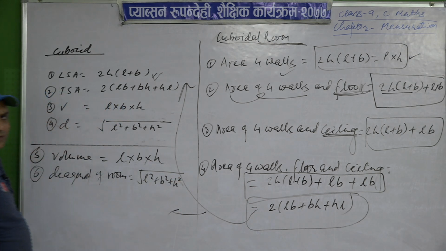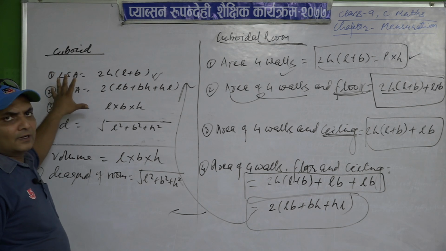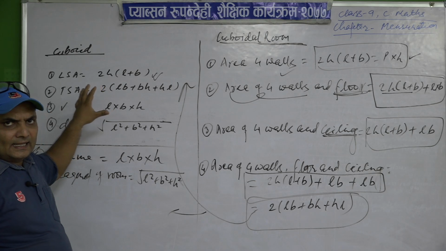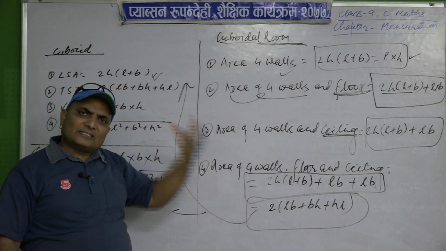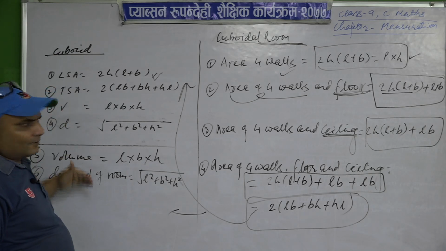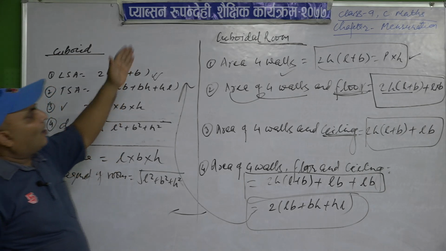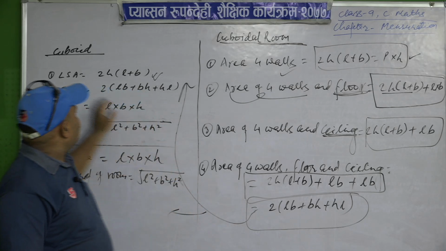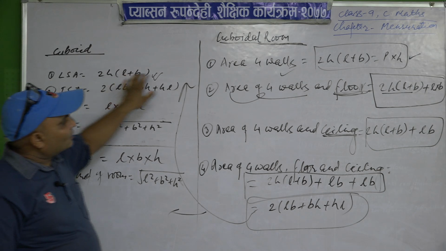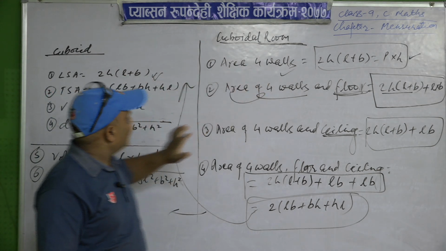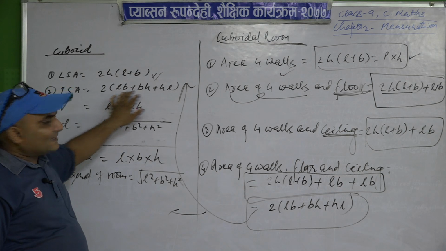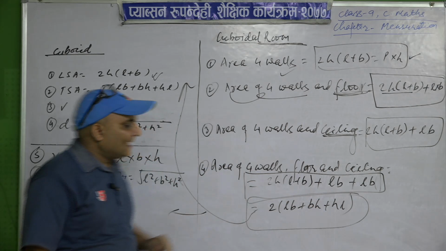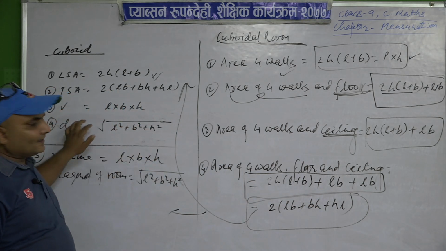What I mean to say is that if your room is a cuboid, then all formulas for the cuboid are also formulas for the room. But you should remember that lateral surface area is equal to the area of four walls, total surface area is equal to the area of four walls, floor and ceiling, and volume and diagonal are the same.